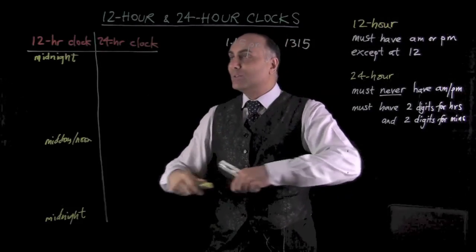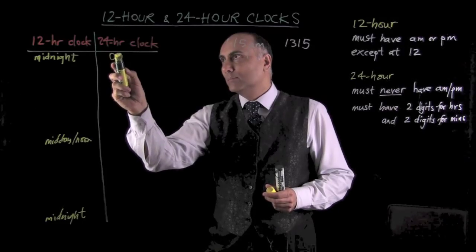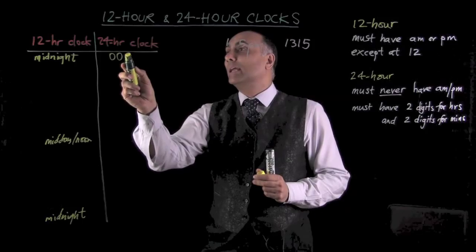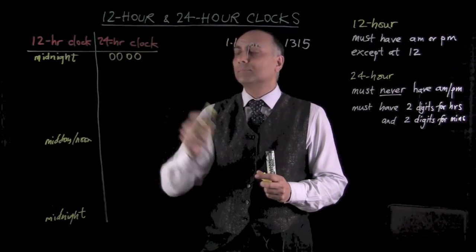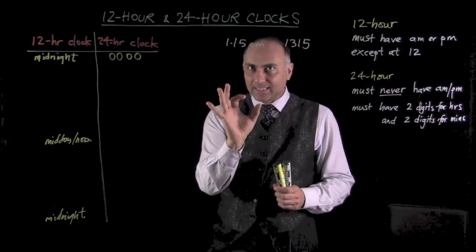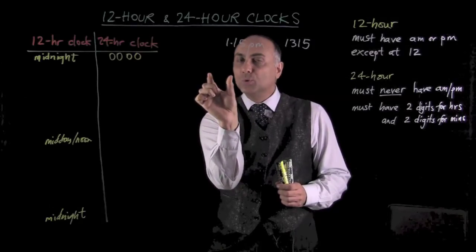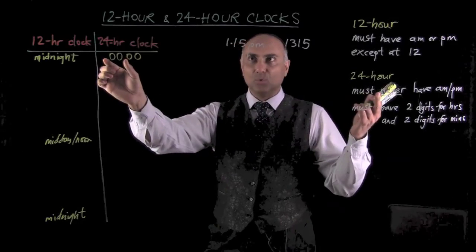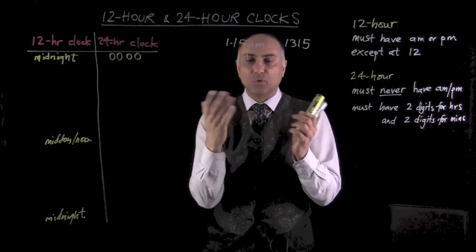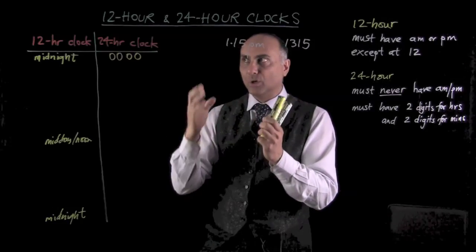Well, midnight on the 24-hour clock looks like this. We have no hours, but we still have 2 digits for the hours, and no minutes, 2 digits for the minutes. So that's the essential thing about the 24-hour format: you always have 2 digits for the hours, even if it's naught, or even a single digit hour. You'd say 0600, not just 600.